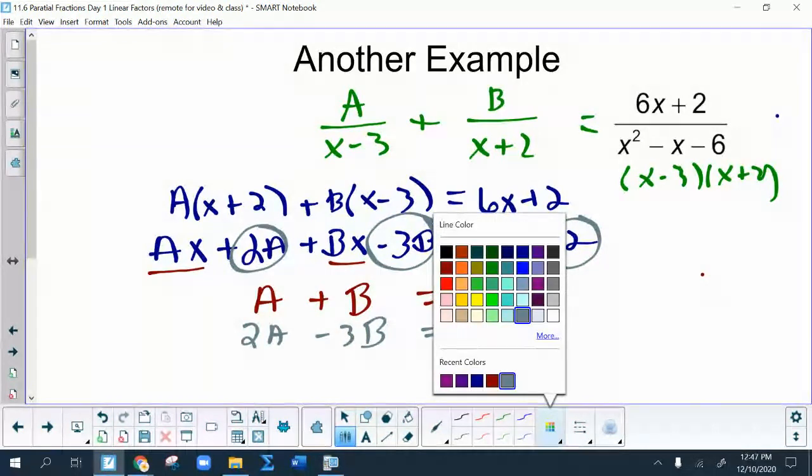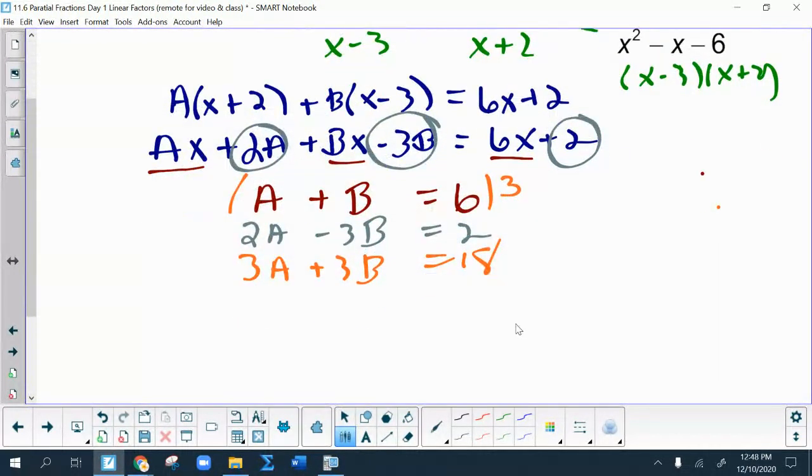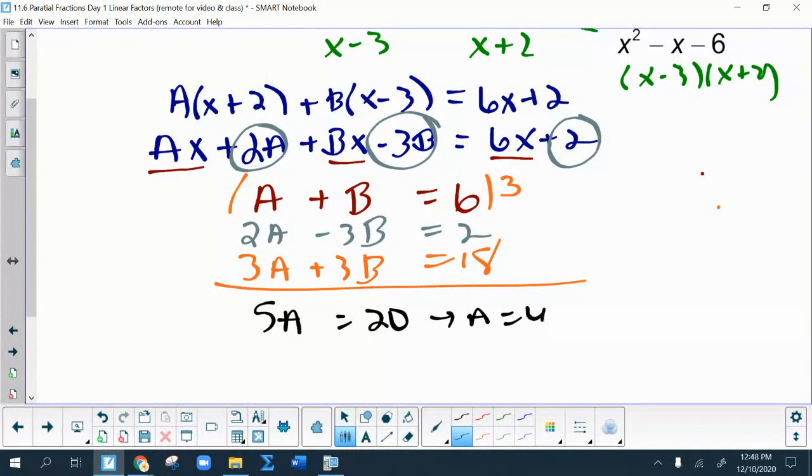And then I'm just going to do this one by hand because I do feel like these are easier by hand. I'm going to multiply this by 3. I get 3a plus 3b equals 18. Combine them. I get 5a equals 20, so a equals 4.